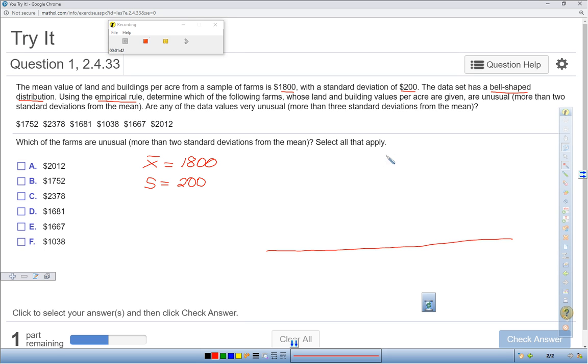So it's going to be a bell shape, something like this. In the middle, in the peak, we have the mean. So the mean here is 1800.